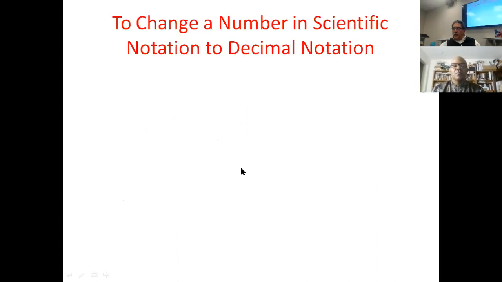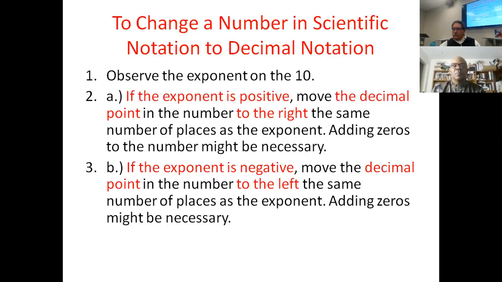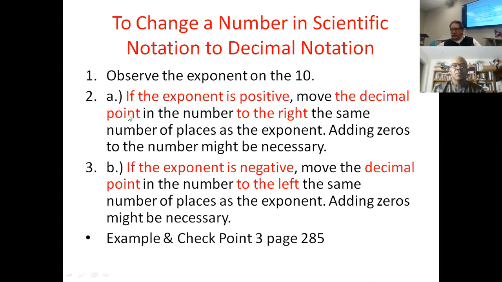Let's give some examples. First let me read this to you and then we go to the example. To change a number from scientific notation to decimal notation, if the exponent is positive, move the decimal point in the number to the right. It's better to go to the example.